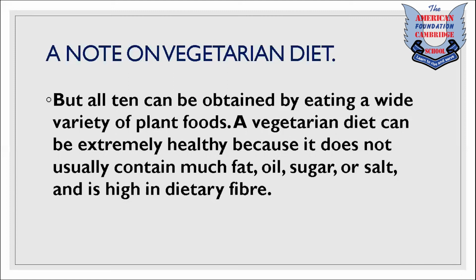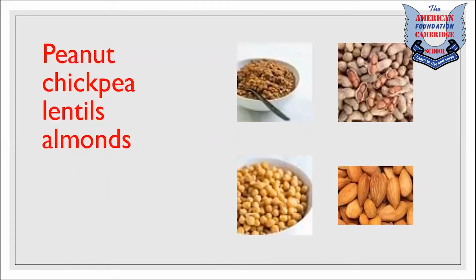The movement of food in the intestine is regulated and improved by dietary fibers. It improves your digestion and your gut metabolism. Here you can see some sources of plant proteins: peanut, chickpea, lentils, and almonds.